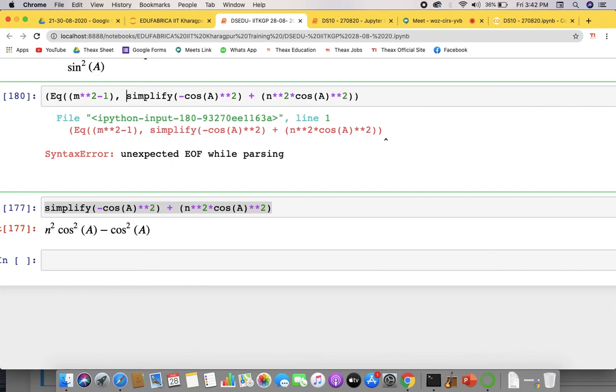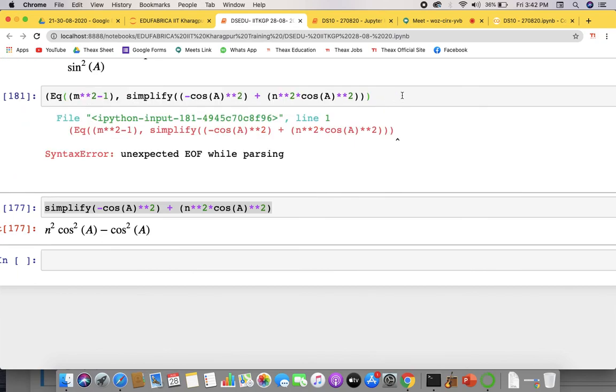Okay. Simplification of this cos square plus this. Again 1. Is this so? Okay.